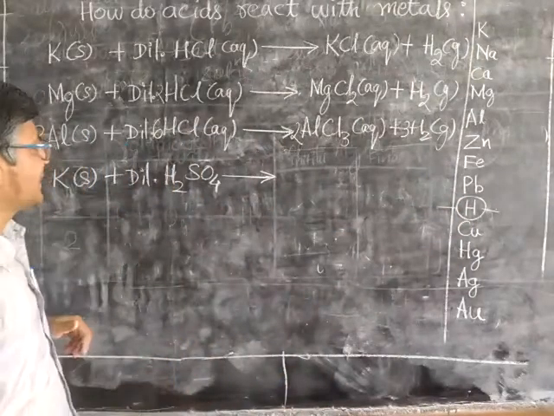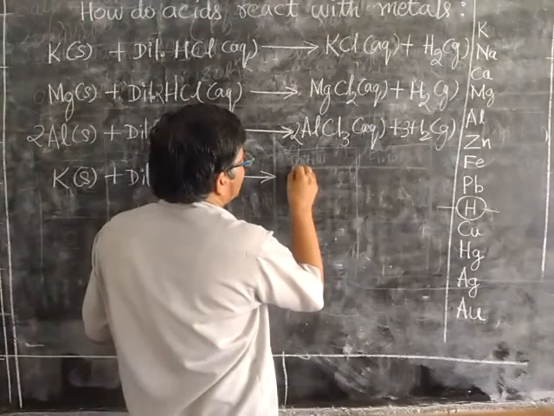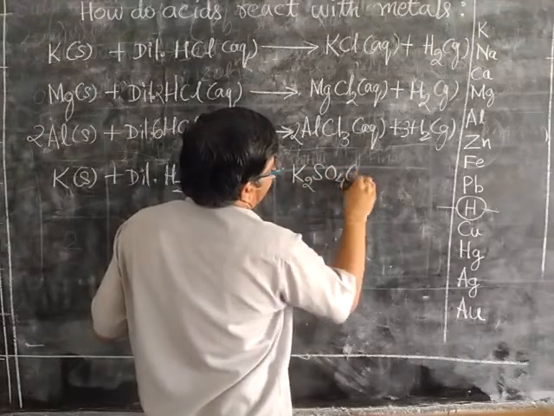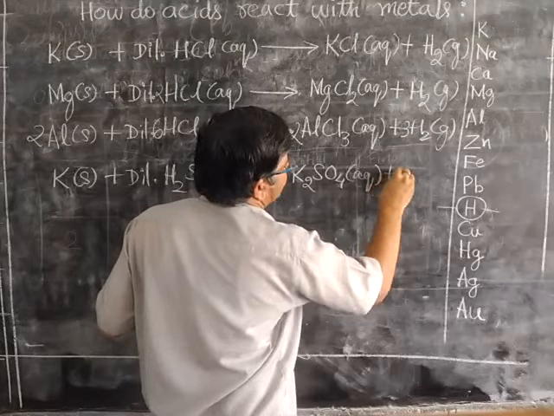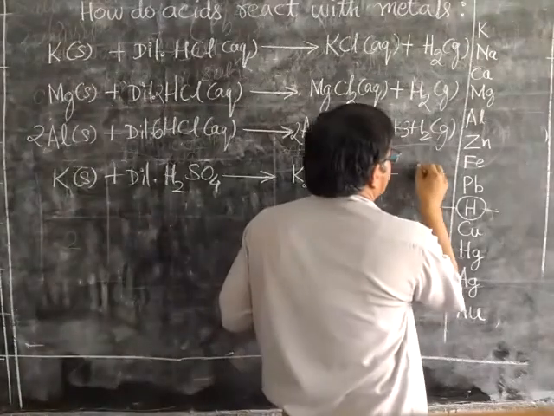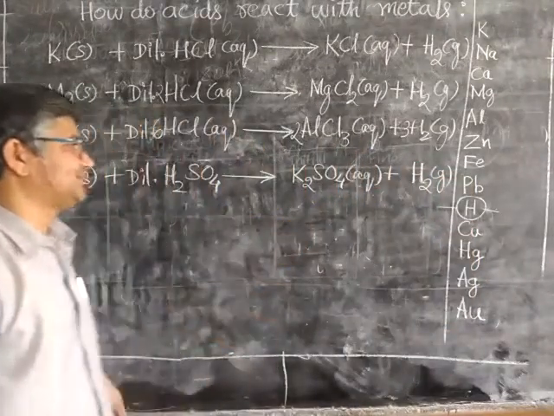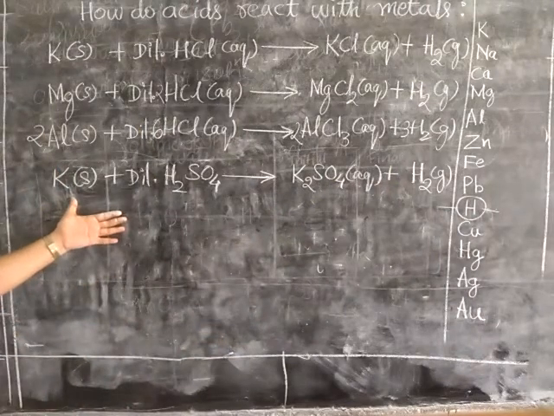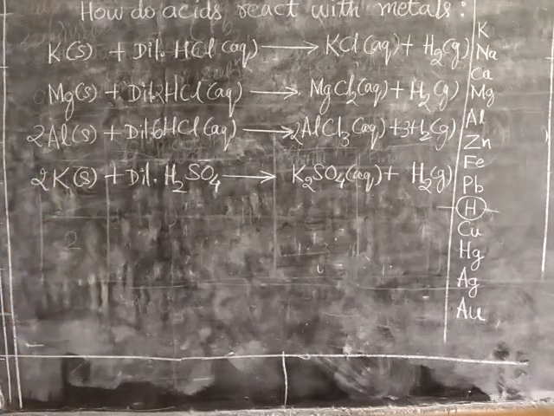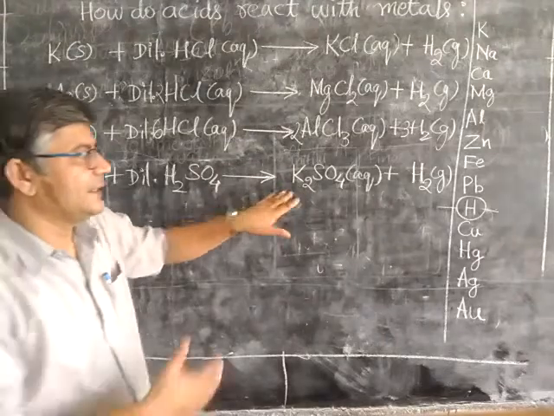So a displacement reaction will take place. Potassium will displace hydrogen and it will form potassium sulfate, and then again the gas coming out will be hydrogen gas. Is this balanced? Yes, it is, but you have to put 2K because we have 2 potassium at the right hand side.